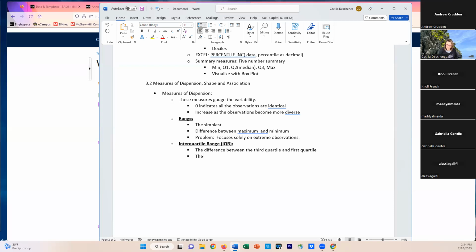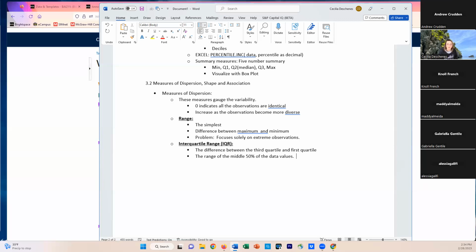It's the range of the middle 50% of the data values. And what's great about that is it gets rid of the problem of the outliers, the extreme values, changing your understanding. It gives you really like, where's the middle of my data? How wide is that range?